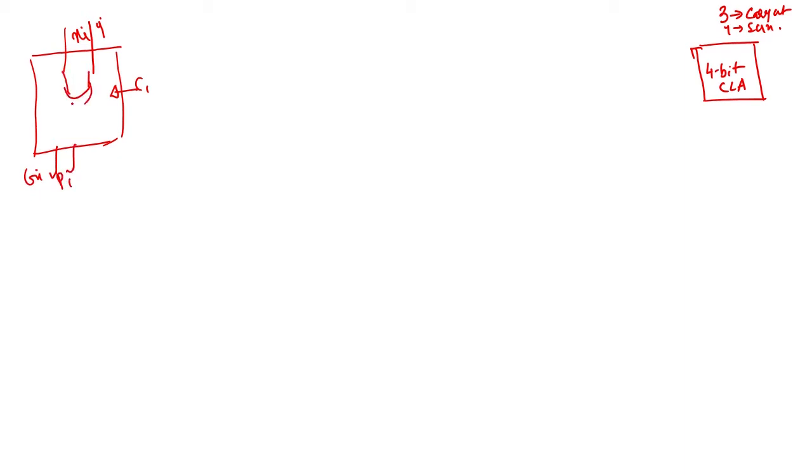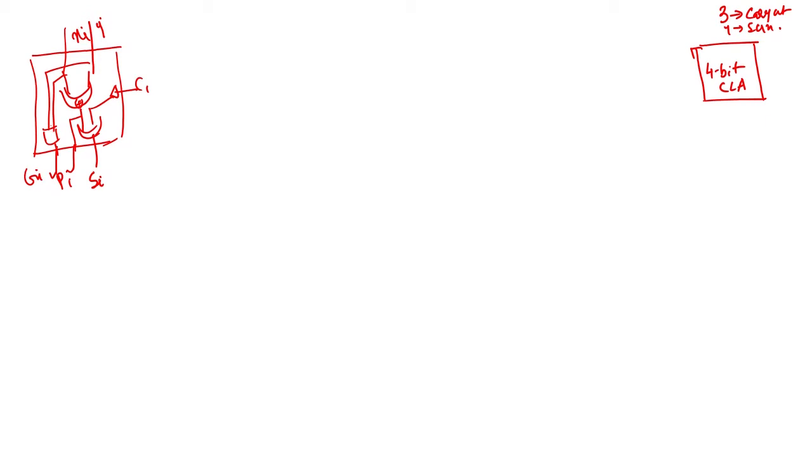This is an XOR and another XOR, this is Si, and then you should have an AND gate here, that is nothing but Xi and Yi.